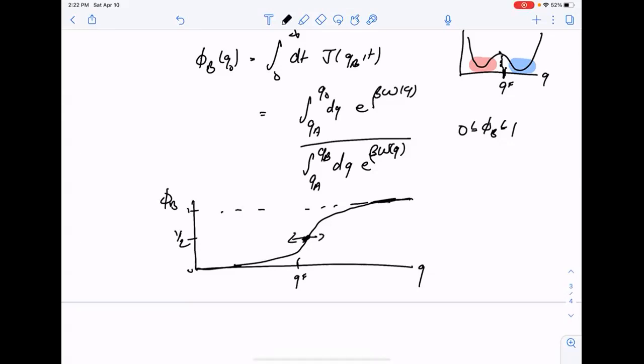And it has a width that depends on the height of the barrier plus or minus k_BT.